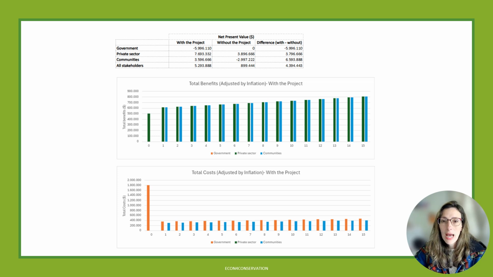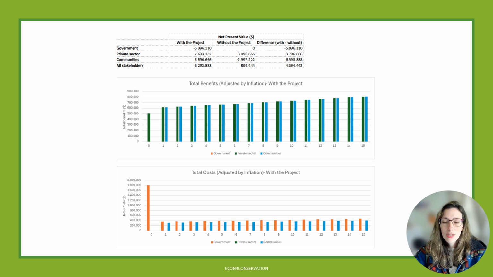In this scenario, without protected area, the government neither loses nor gains. However, when conducting your own exercise, you might consider including, for example, taxes, which could help balance this situation a little bit more. The private sector represents the traditional activities.